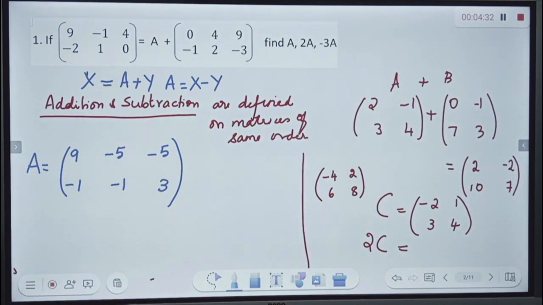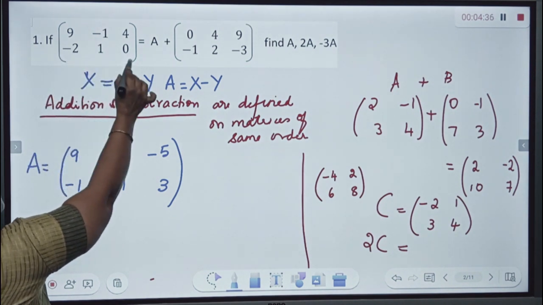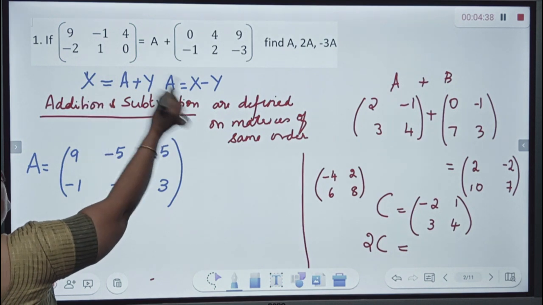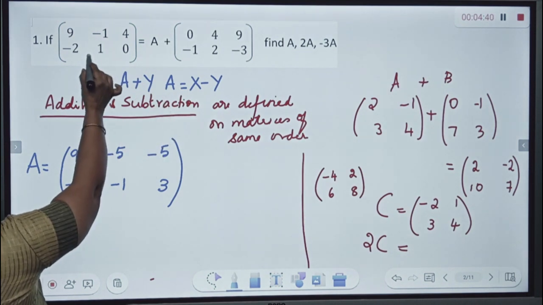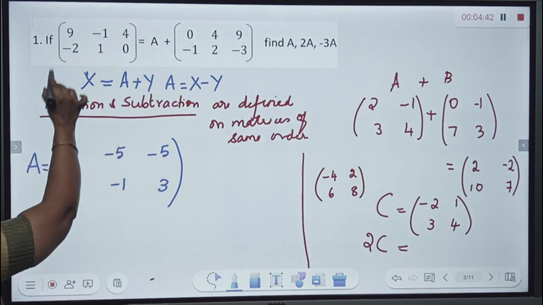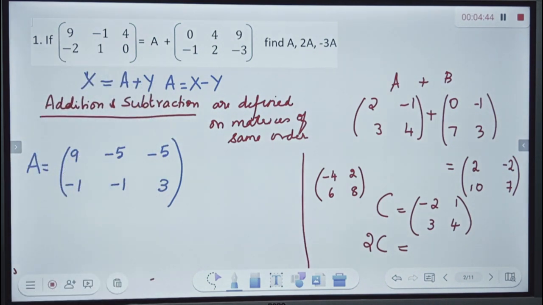So do you understand how we got our A? x is equal to A plus y, so A is x minus y. How do you subtract? Term by term. That's how we got our A.